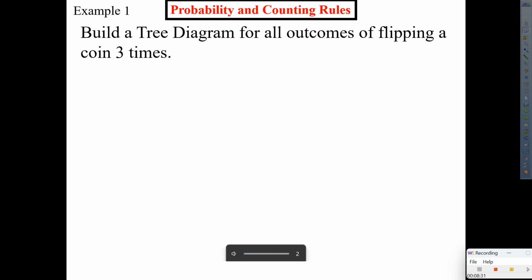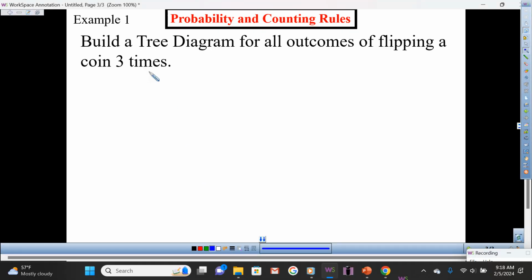After that, I gave you a systematic way of doing it, making a 2-way table. Today we're going to use a tree diagram. So it says, build a tree diagram for the outcomes of flipping a coin. So let's write coin over here.